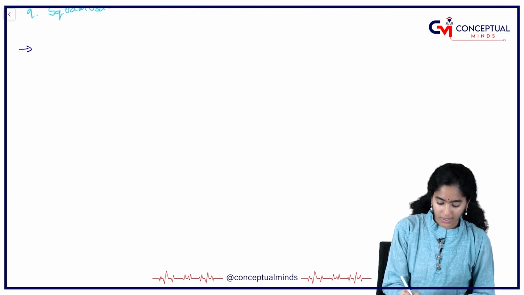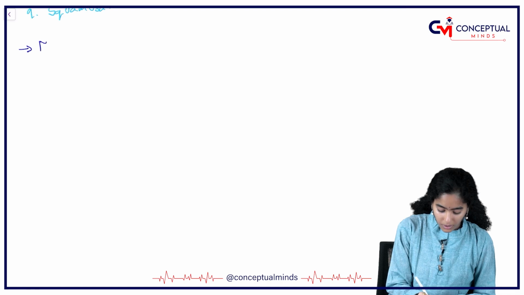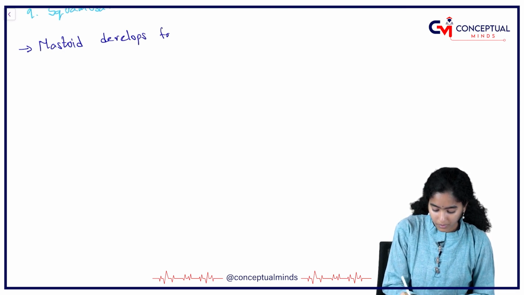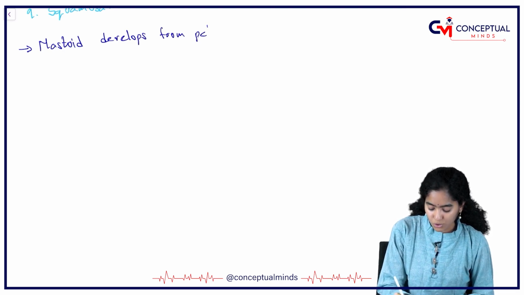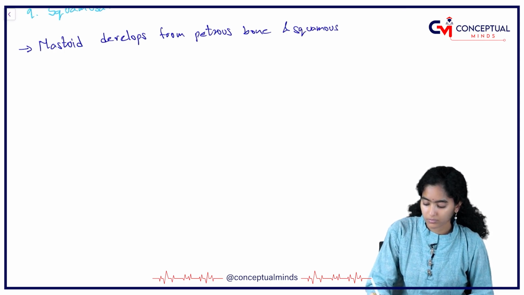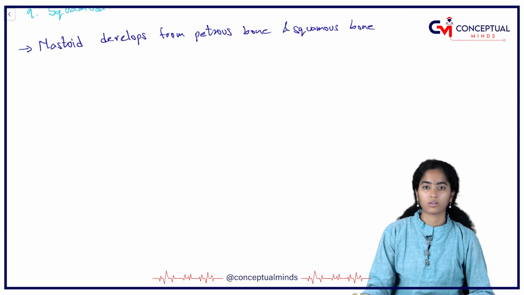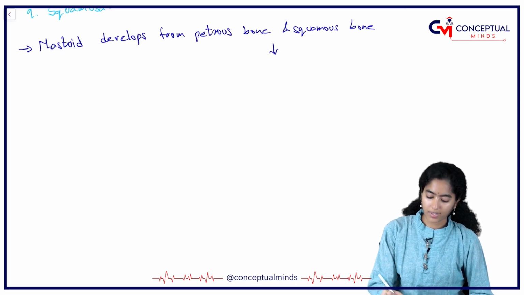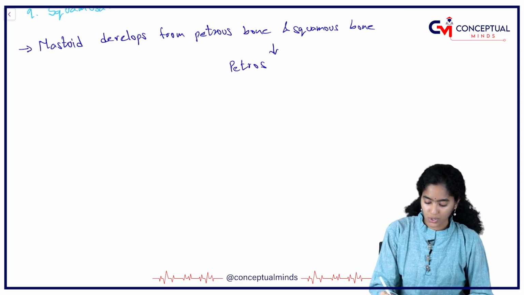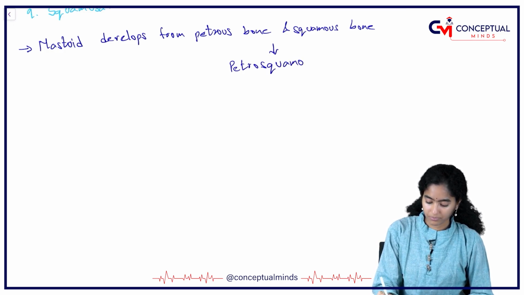Okay, let us write this down. Mastoid develops from petrous bone and squamous bone. The joining part between the petrous bone and the squamous bone is known as the petrosquamous suture.